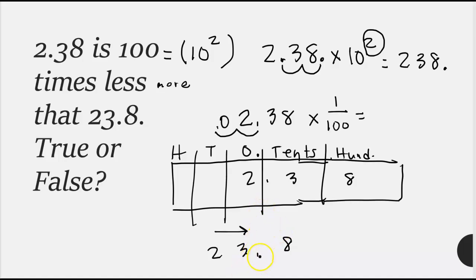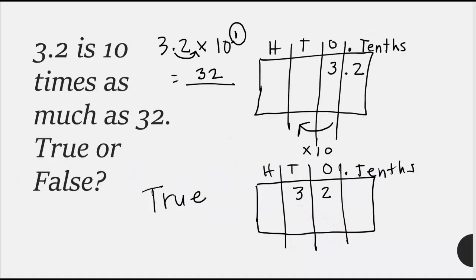And if I did that, starting here, it wouldn't be 23.8, it'd still be 238. Does that make sense? I hope so. If that one confuses you, I apologize. We'll go over it when I get back. Okay? So just a little debrief there.